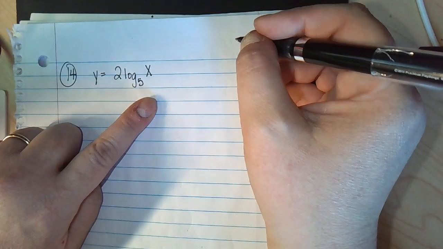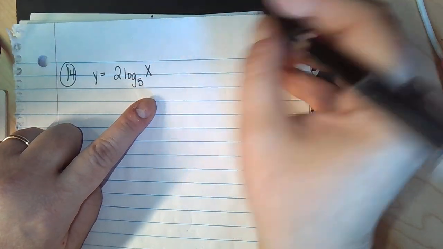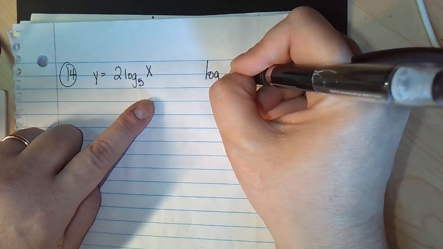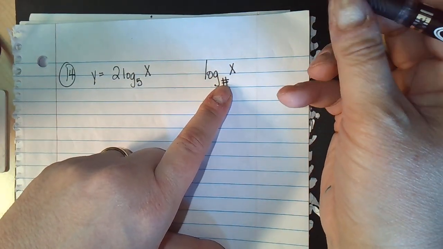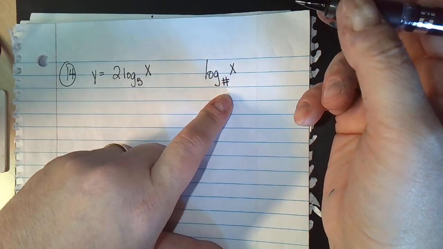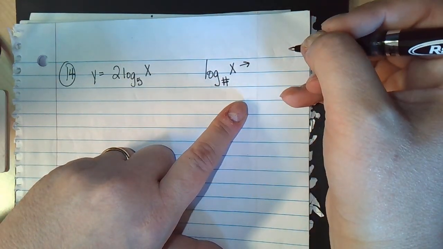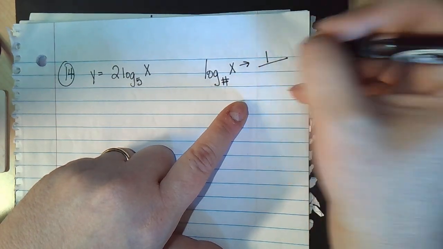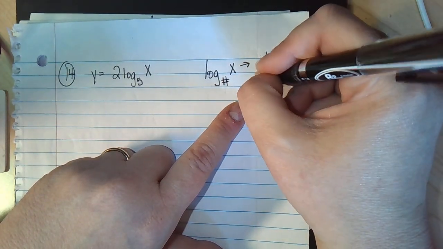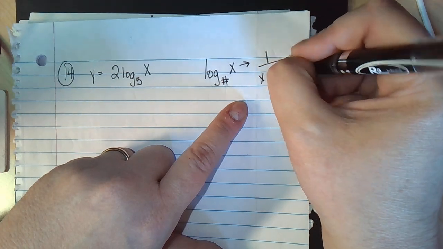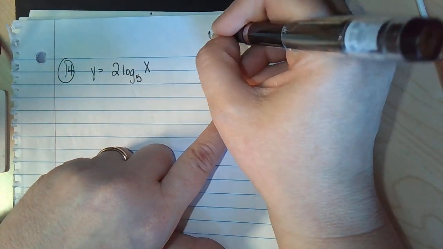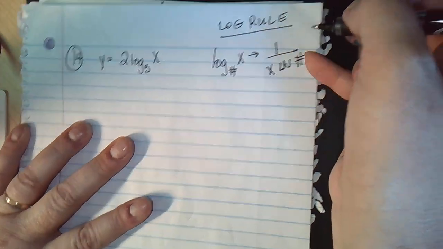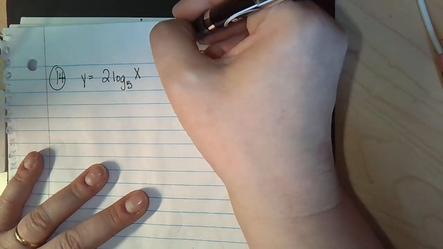And when we have log and a little number in the subscript, when I take the derivative of this, it turns into 1 over x ln of that number. So this is a log rule.